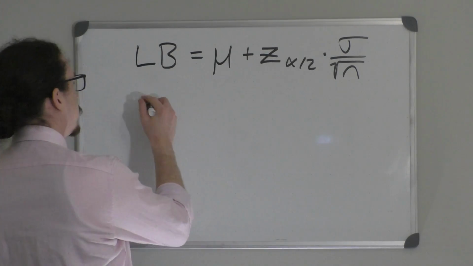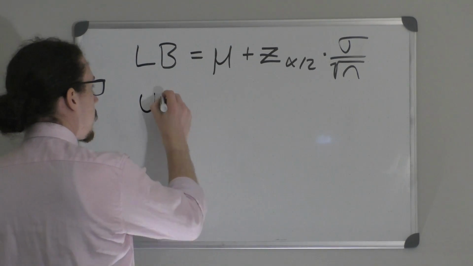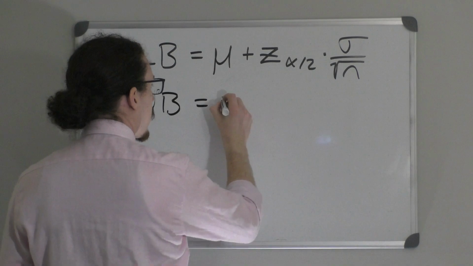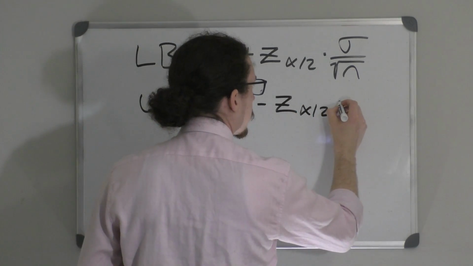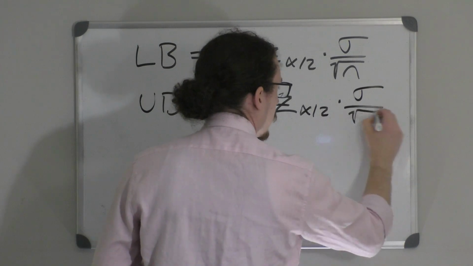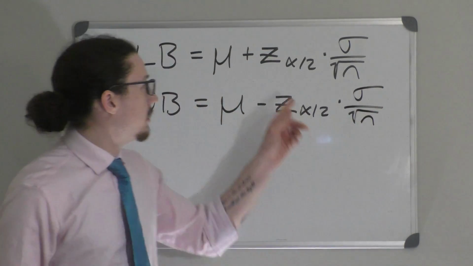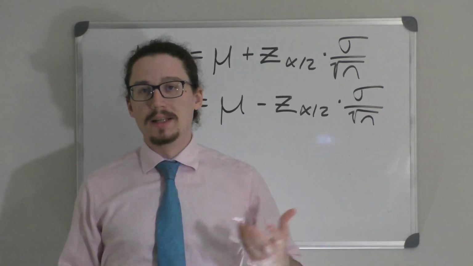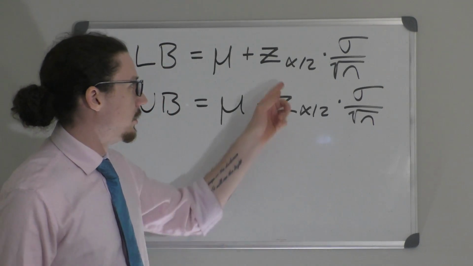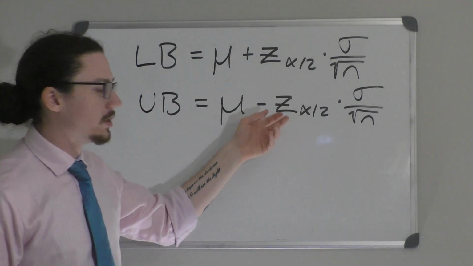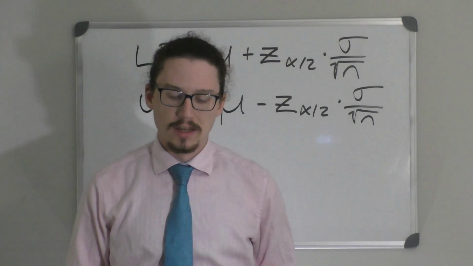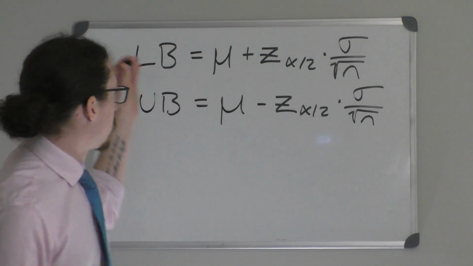So when we do that and we do some rearranging, or really we're just saying z 1 minus alpha divided by 2 is equivalent to z alpha divided by 2 negative, so we can just make that negative. It's going to give us that upper boundary.